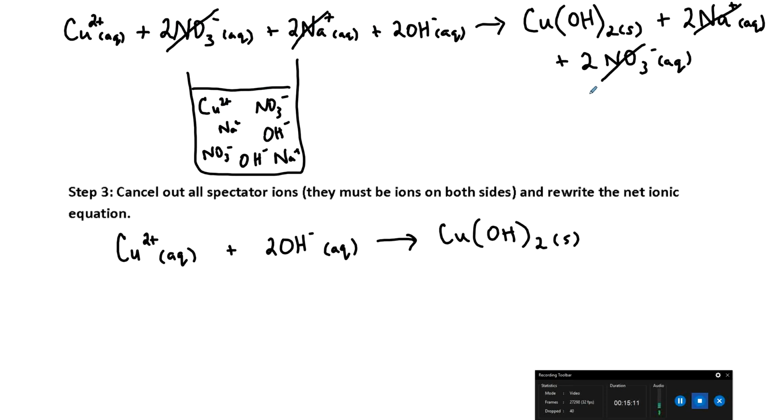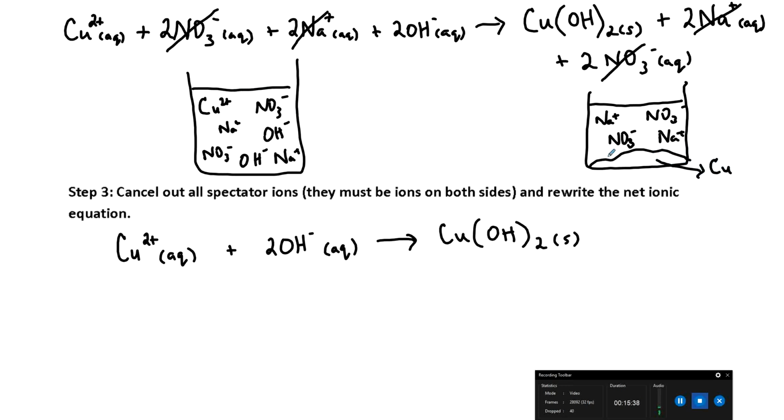After the reaction, okay, what you'd have is you'd still have the sodium ions suspended and the nitrate ions suspended, but you'd have your precipitate at the bottom eventually once it's settled. That would be the copper joining up with the hydroxide.